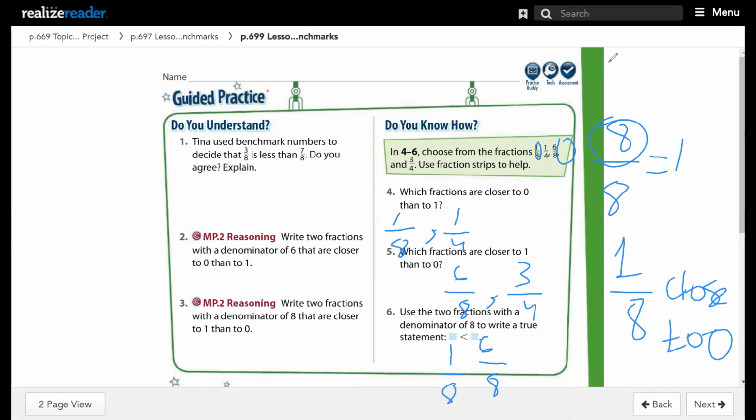Moving to question number 13. In 9 to 14, compare using less than, greater than, or equal. So question number 13, which one is greater? We will use the benchmark half. The first fraction is 2/6. As we know, half of 6 is 3, so 3/6 is equal to half.